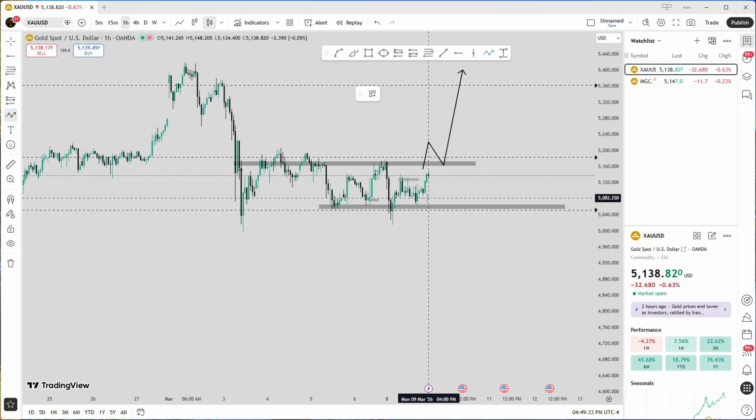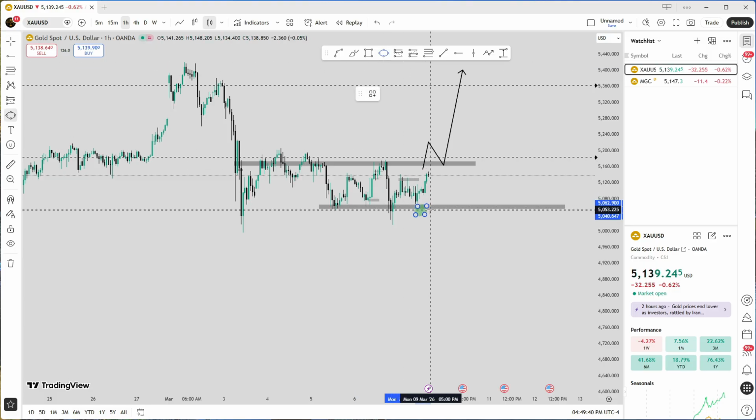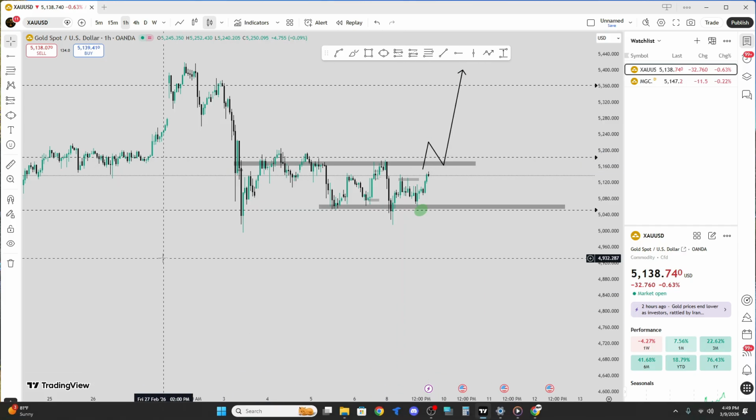Once price breaks below this area, I'm going for a sell, because this was the high, right? And this is the lower high, right? Price already created a lower low here, lower high. So if price, let me just slow down.